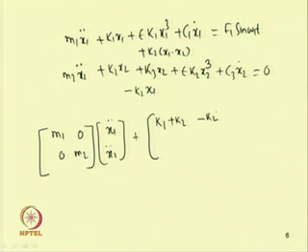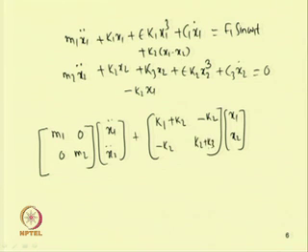This is the only linear term, that is x1 x2, and for the second equation it can be written as minus k2 x1 and k2 plus k3 x2.